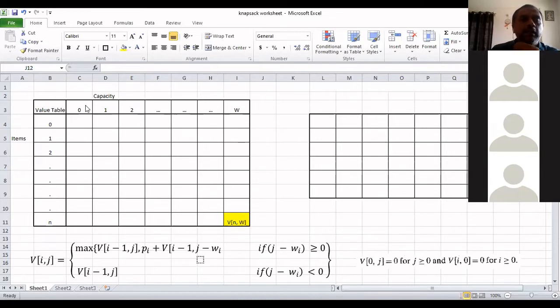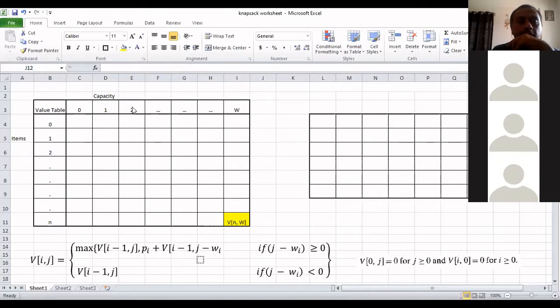In this case, this particular table is called the value table. In a very simple way, all the calculations we do are represented as sub-problems, and the solutions of the sub-problems are located in every cell. So you can see that the overall solution of this problem lies at the last cell of this table, which is highlighted. Can you see this last cell? Yes, sir. This last cell is the one where we get the solution.